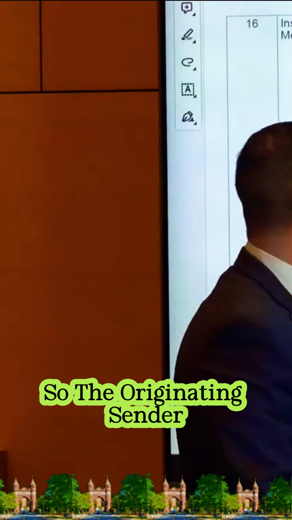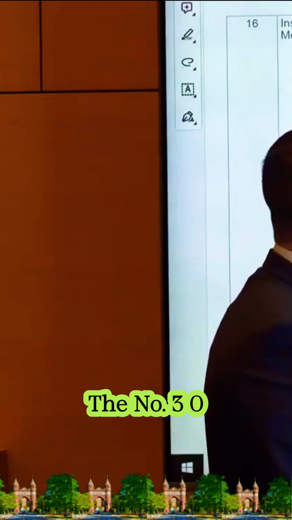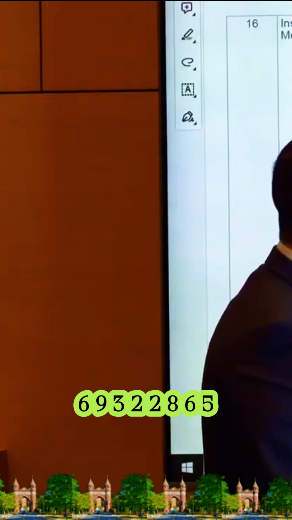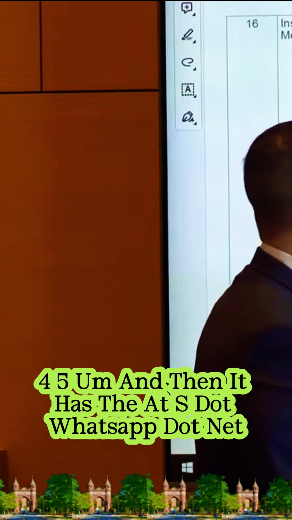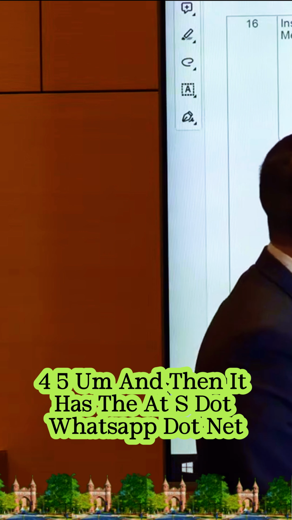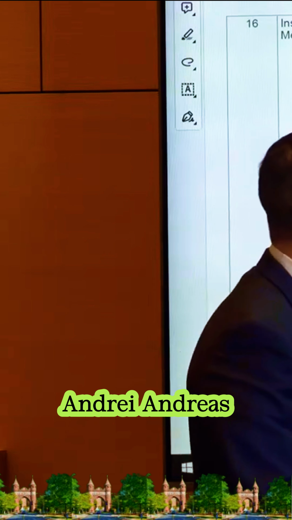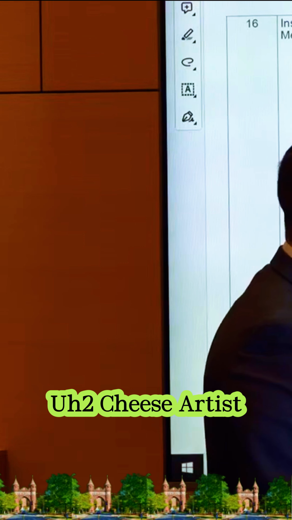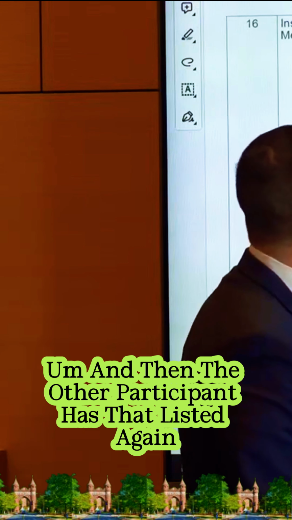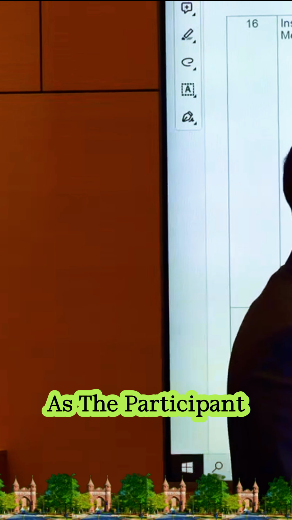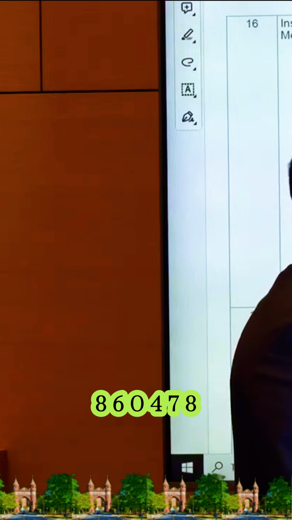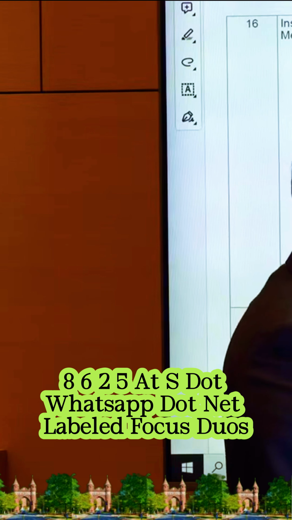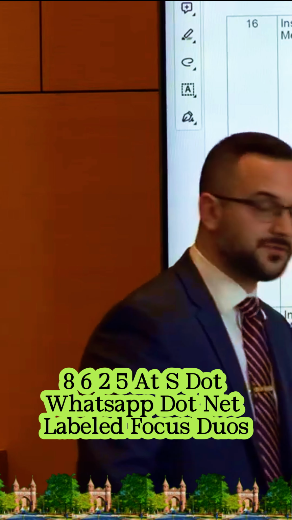So the originating sender, the number 306-932-286545, and then it has the at s.whatsapp.net and a name, Andreas Tutsiardis. And then the other participant, it has that listed again as the participant, as well as 1-860-478-8625 at s.whatsapp.net, labeled Photostudios.